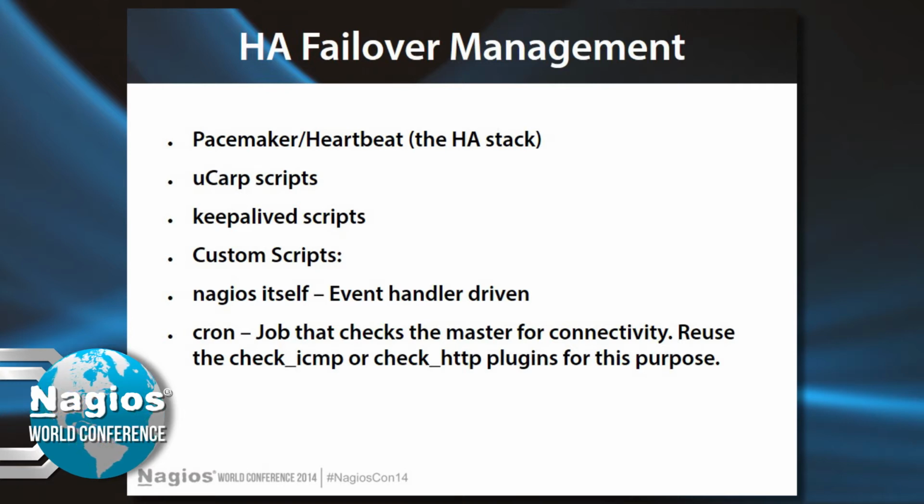It's not very suggested. It's a better solution in Core because there's a lot fewer things you have to worry about. And I mean, you could always set up cron jobs to do this, as we talked about in the failback solution. You could run one of the plugins against the master box, and when it's not reachable, start firing off all the services to actually spin it back up.